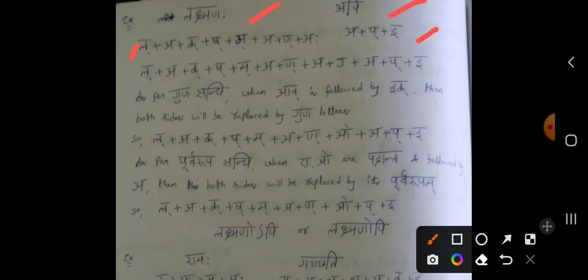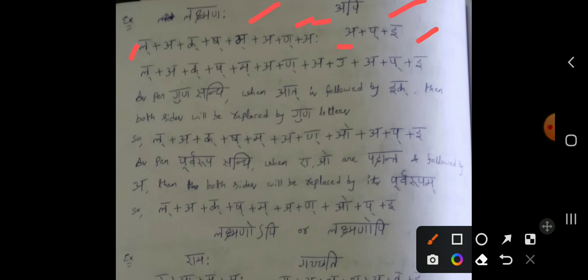Now what our definition says is, when this Visarga is preceded by the letter A and followed by A or Mridu Vyanjana. Here in this example it is preceded by A and followed by the letter A. So it satisfies our conditions. Now what will be the change?